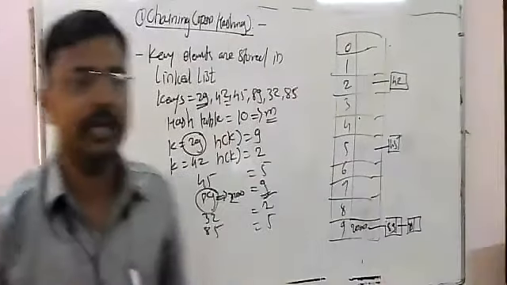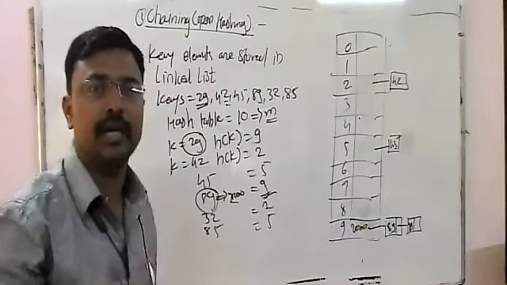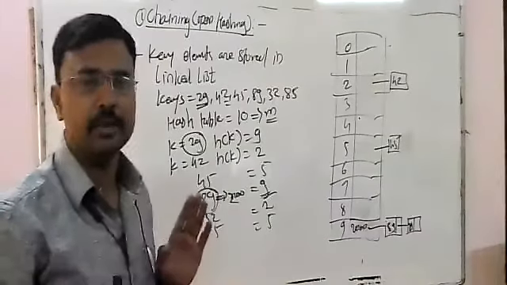So 29 will be shifted to the right, and 89 will be stored at that position.